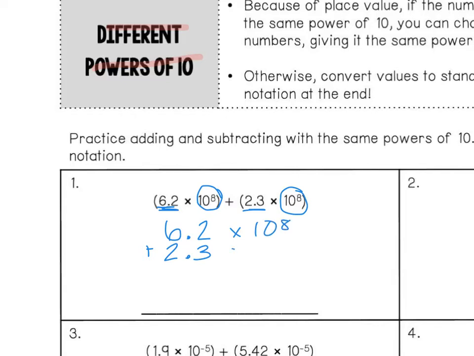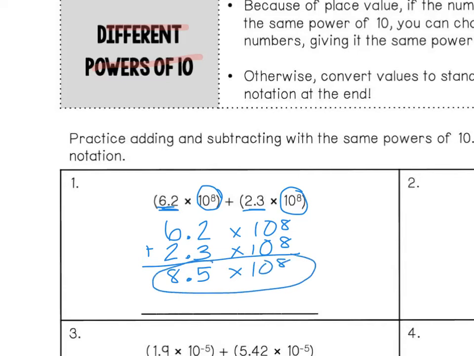I'm going to repeat that so we know that's what it is. And then you add them. So 2 plus 3 is 5. 6 plus 2 is 8. And 10 to the 8th power stays the same. So there's your answer.